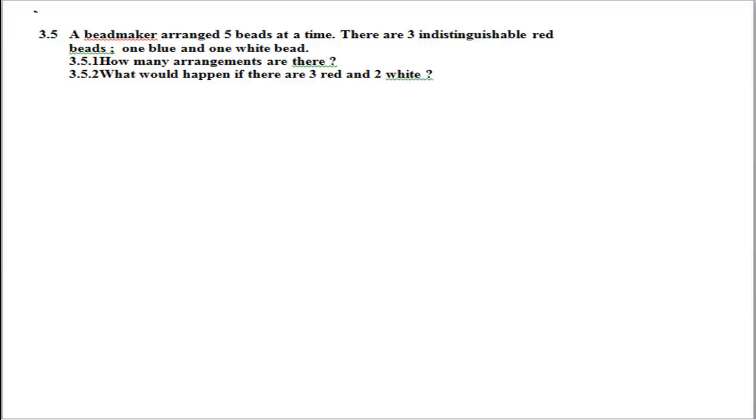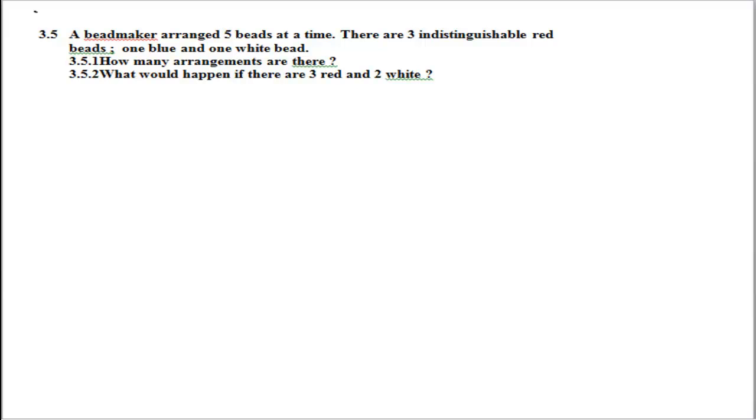3.5 on page 95, a bead maker makes 5 beads at a time. There are 3 indistinguishable red beads, 1 blue and 1 white. How many arrangements are there? Now you can actually try this out. Remember, the reds are indistinguishable.